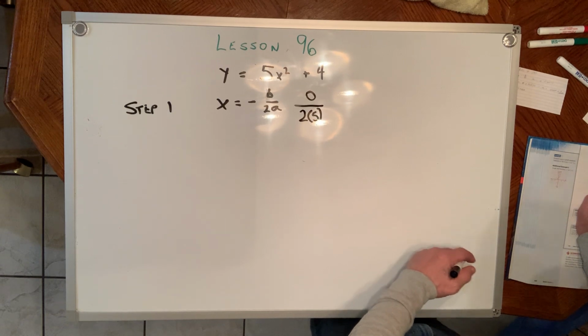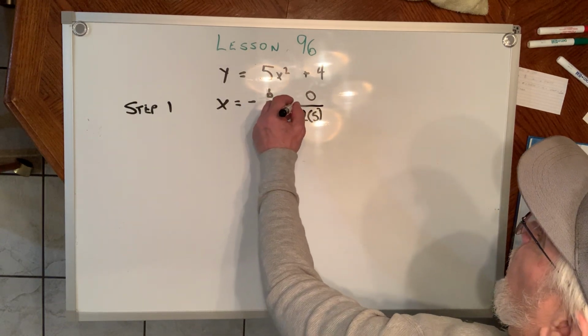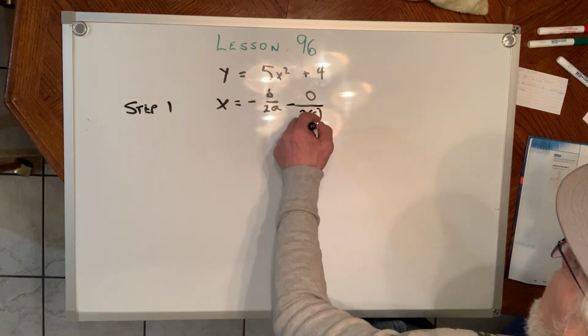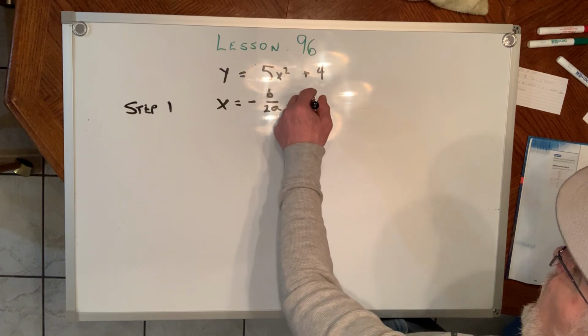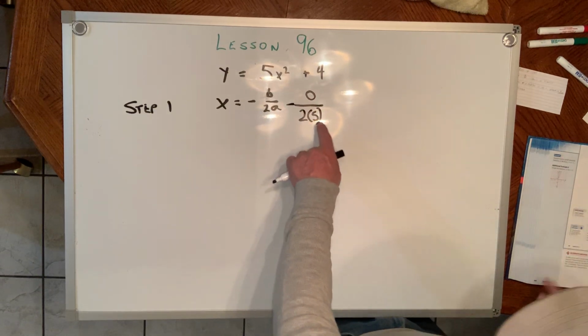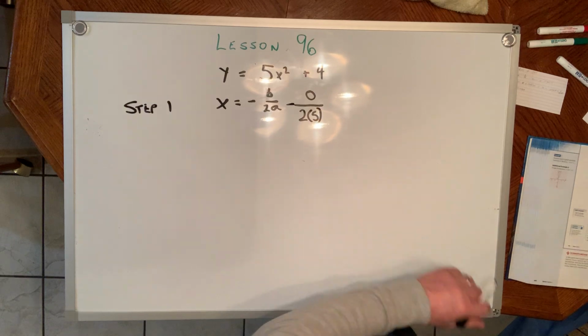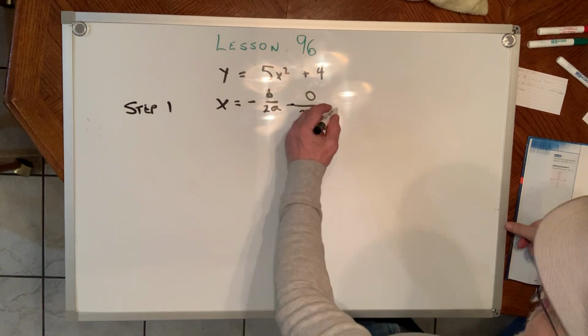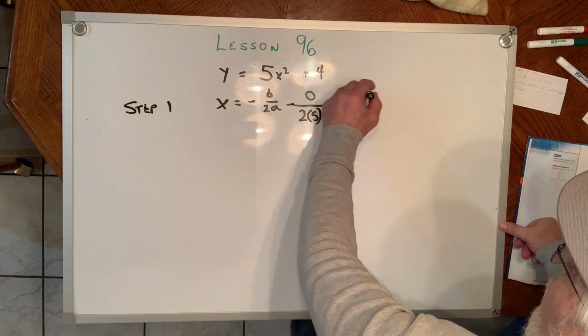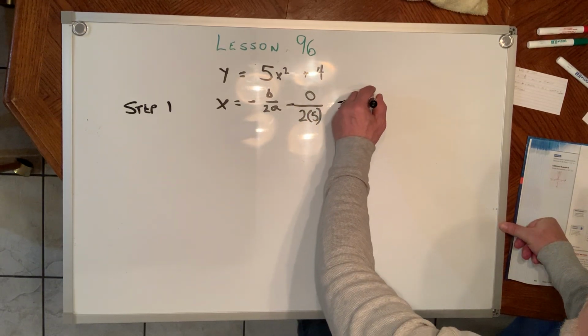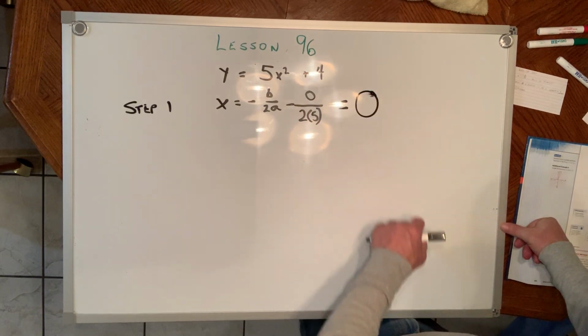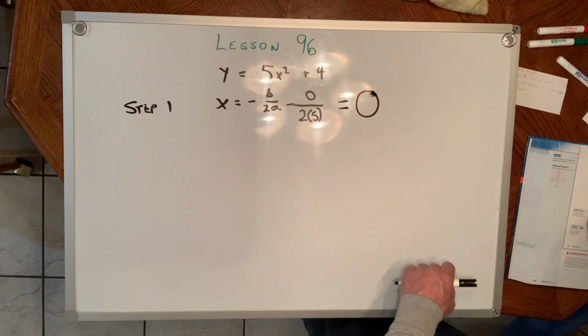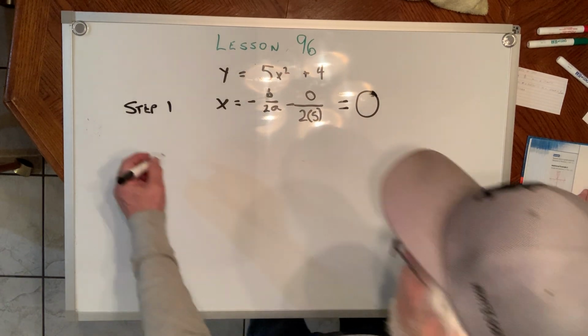And don't forget our negative in here, but it doesn't really matter because 0 over anything is 0. If the 0 is in the denominator, no such animal, but right here, we can do it. Bottom line is this whole thing equals nothing. You did all that hard work, and what do you have to show for it? Nothing. All right. Step 2.